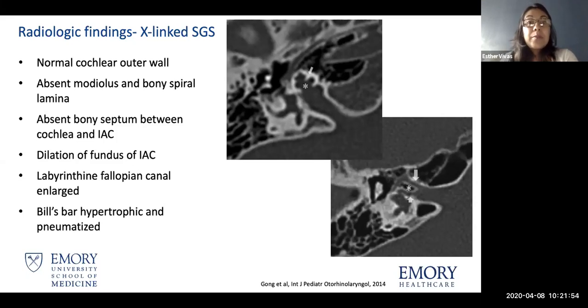So it's very important as otolaryngologists to become very familiar with the CT findings of a normal temporal bone, so that when you see something that doesn't look quite right, you can either ask your radiologist for help or certainly refer those patients to someone that may be more comfortable with that particular pathology.